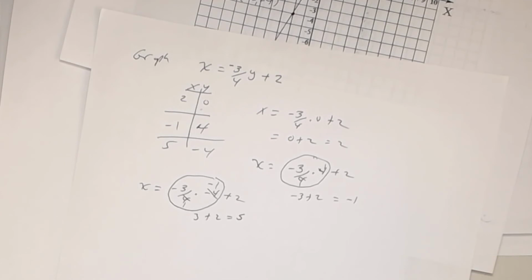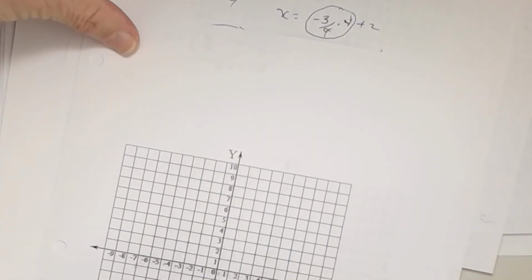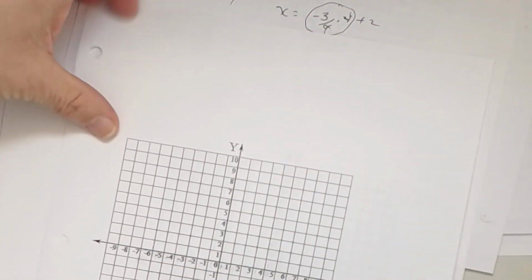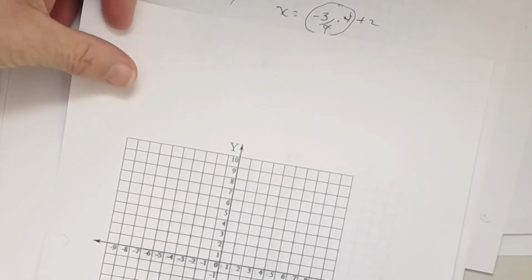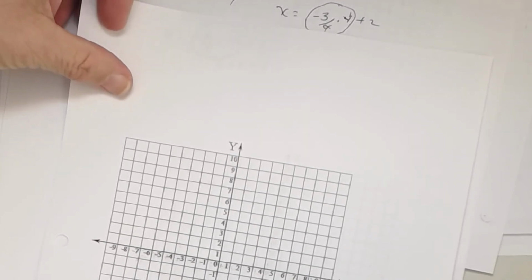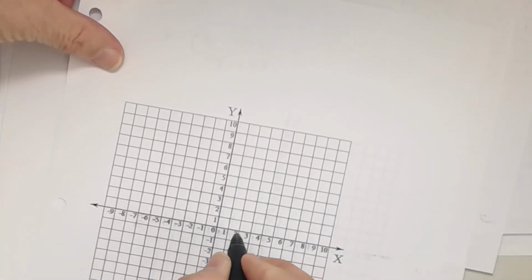And so you put that on the coordinate plane. You plot those 3 points, and they all should lie in the same line. They should be collinear. So when I do this, 2, 0 is located where? On the x-axis. So you go to the right 2 and you stay.